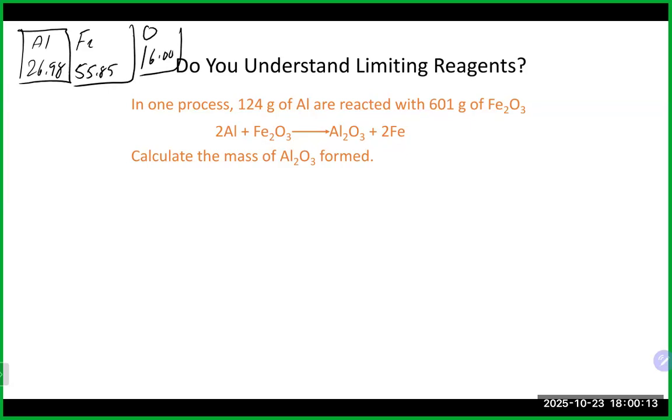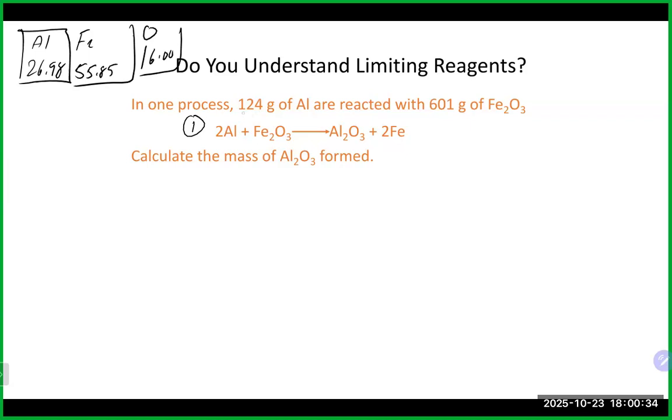So let's take a look. So again, we talked about a few different ways to solve these type of problems, and no matter which way you choose, the first two steps are always the same. You want to make sure you have a balanced equation, which I see some numbers there, so I'm going to hope that's balanced. The next thing you want to do is take whatever they give us and convert them to moles.